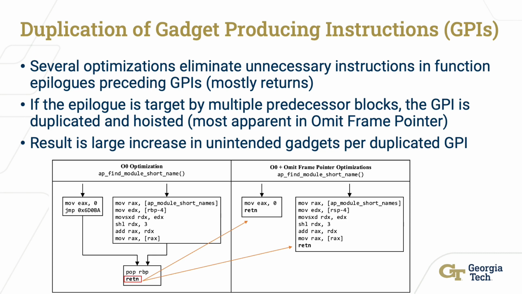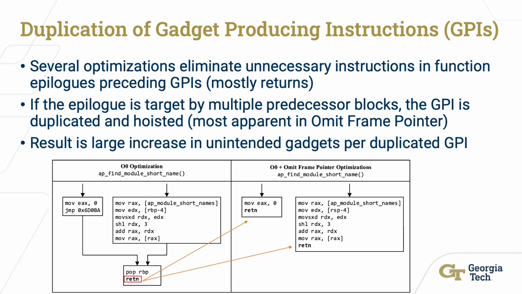The first root cause we'll examine is the duplication of gadget producing instructions, or GPIs. We observed that several optimizations eliminate unnecessary instructions and function epilogues preceding GPIs. In this particular example, this is the return instruction in the red box indicated at the bottom of the screen.